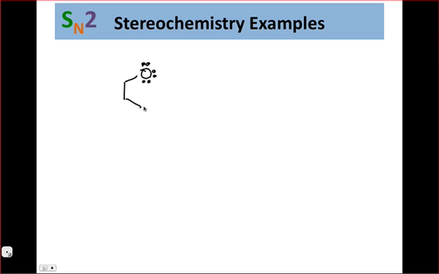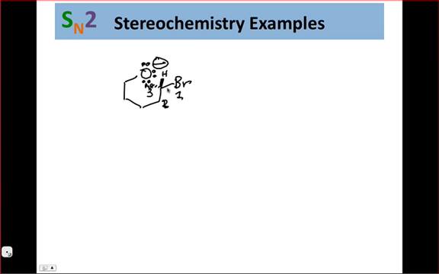So for instance, say we had a molecule like this, where an alkoxide is displacing the bromine. Now, you'll recall from our discussion of stereochemistry that we can assign the configuration of this, and if we do that, we would see that this would be position 1, this would be position 1, here's position 2 and 3.